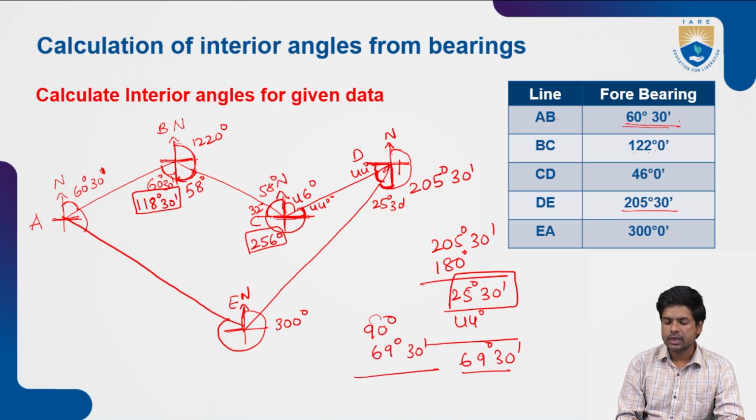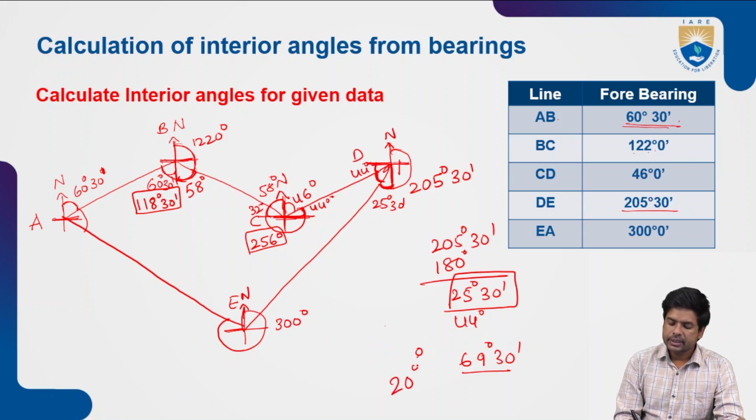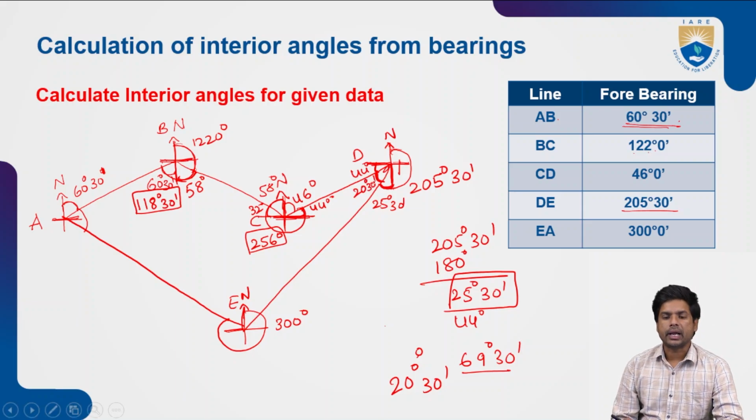From 90, if you subtract 69, you get 21 degrees, and from that you have to subtract 30 minutes also. So the angle is 20 degrees 30 minutes. Now the center angle is 20 degrees 30 minutes, that is the included angle at the station D.